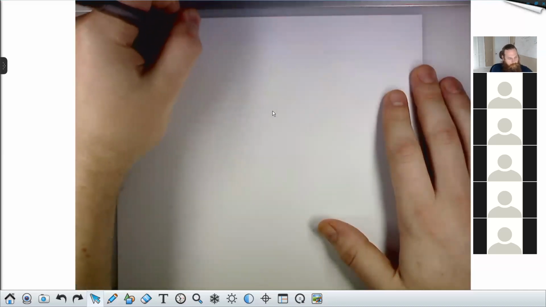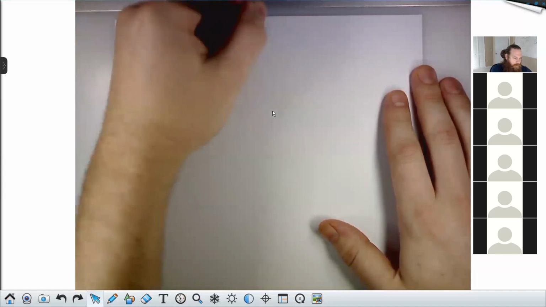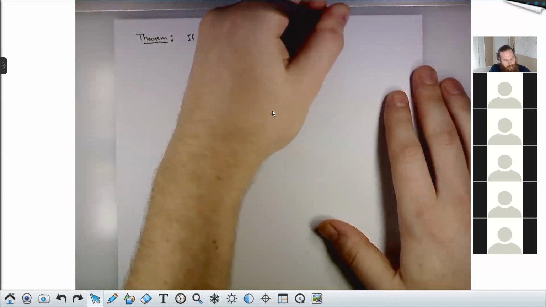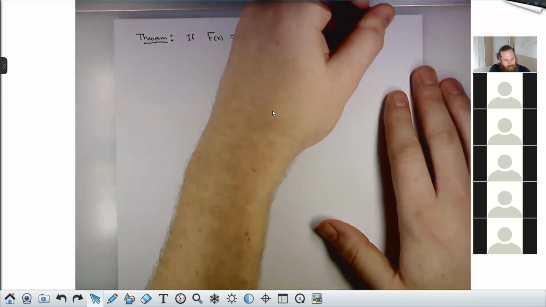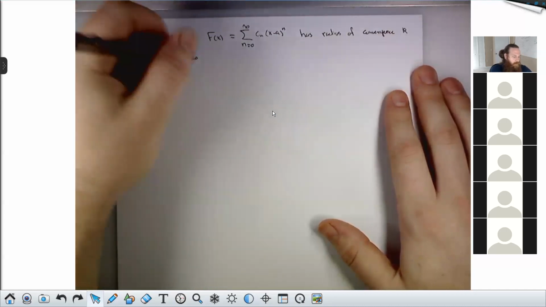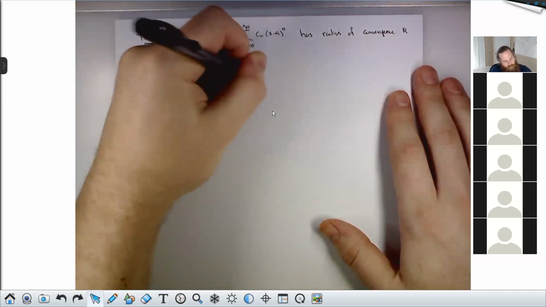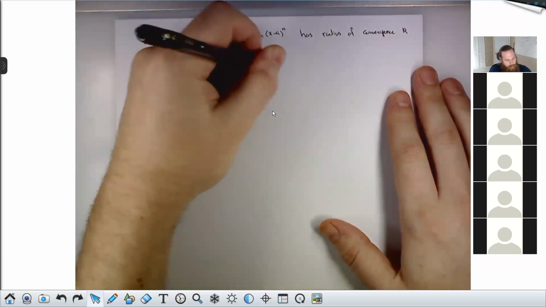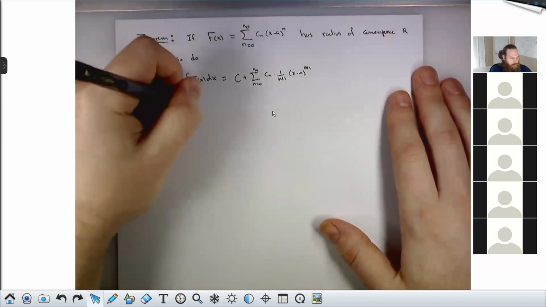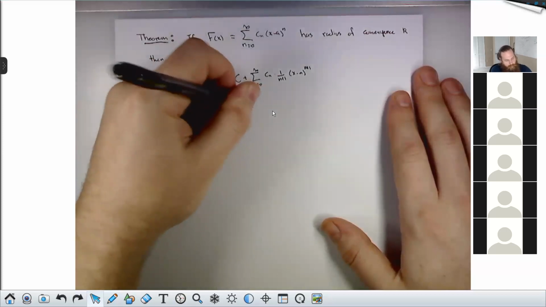If capital F of x is the power series sigma n from 0 to infinity of Cn times (x minus a) to the n, and has radius of convergence capital R, then so do the integral of f, which remember is C plus sigma n from 0 to infinity Cn times 1 over n plus 1 times (x minus a) to the n plus 1, and the derivative, which is sigma n from 1 to infinity Cn times n times (x minus a) to the n minus 1.